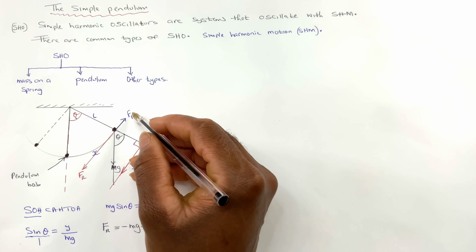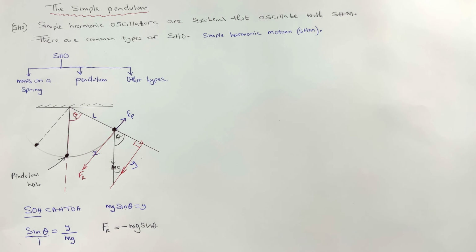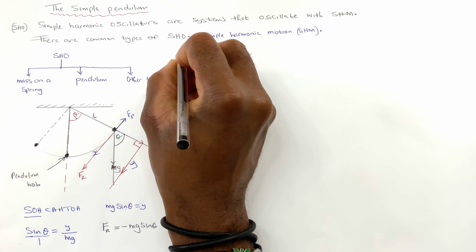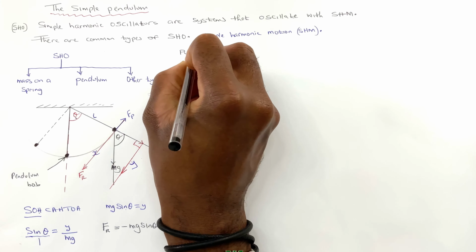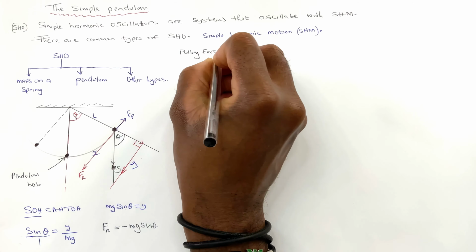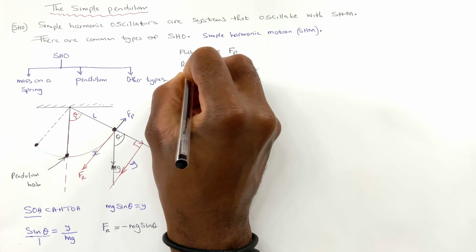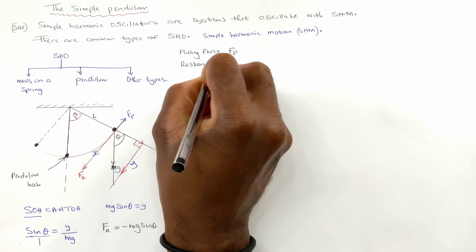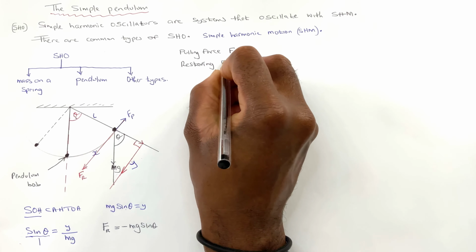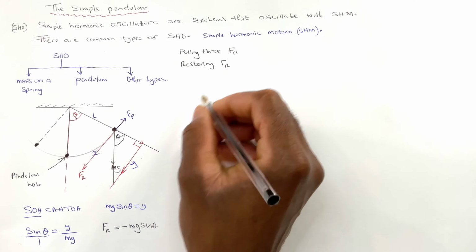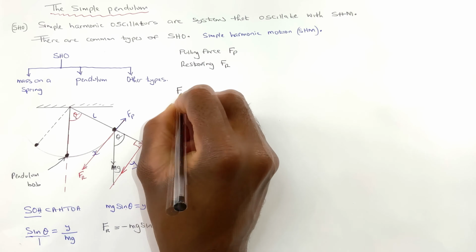But for the pulling force, applying Newton's second law of motion, we've got the pulling force, which is Fp, and we've got the restoring force. Now I know that the restoring force and the pulling force will be equal. So I can say Fp, the pulling force, is equal to Fr.